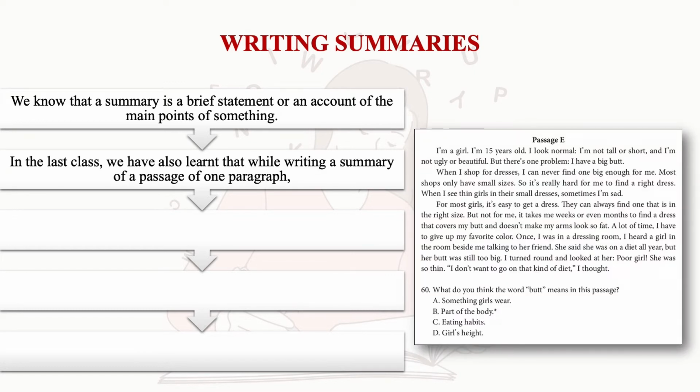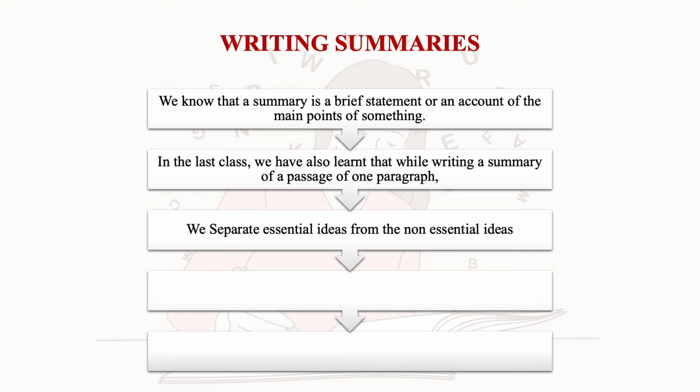In the last class, we have also learned that while writing a summary of a passage of one paragraph, we separate essential ideas from the non-essential ones. We separate details from ideas. We remove repetition or restatement.